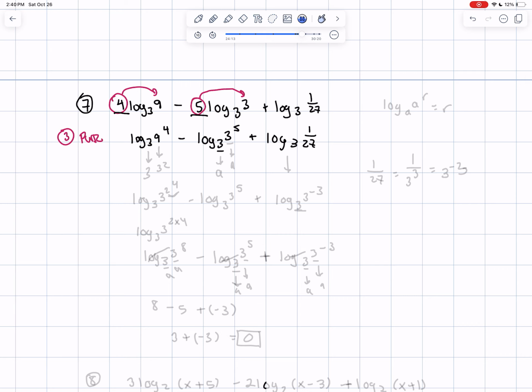This one has the same base for the A. This is also referring to the inverse property that we had before. So we want to get it in this setup. If I have the same A's here, that's good. So that means this one's evaluated, but the other 2 are not.